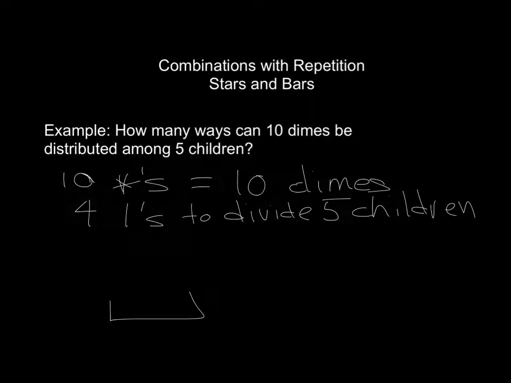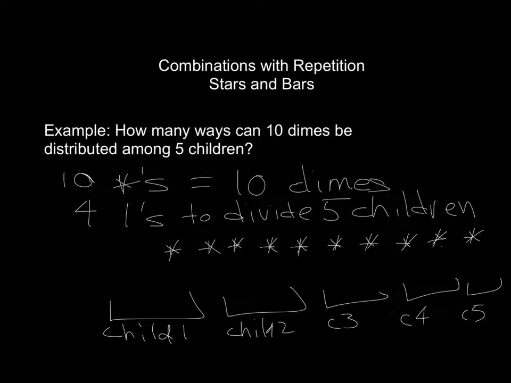And again, we're thinking of this as child 1, child 2, child 3, child 4, and child 5. They have their piggy banks out, and we're going to distribute these 10 dimes somehow into their piggy banks until all the dimes are given away to someone.